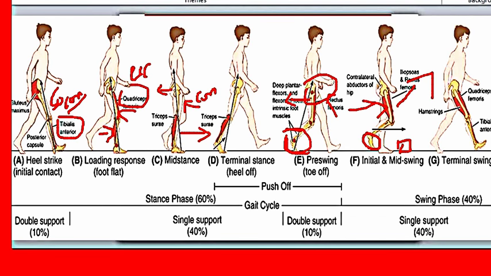Okay? And then, lastly, you have the eccentric activation of the hamstring and the concentric activation of the quads to extend the knee in a controlled manner.